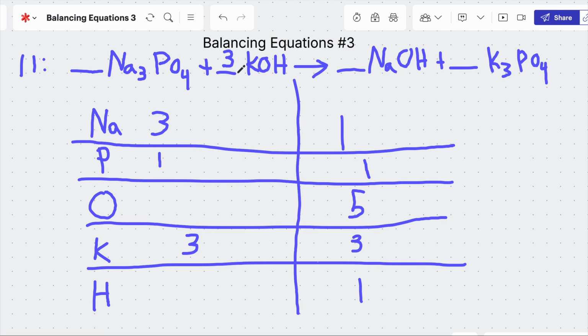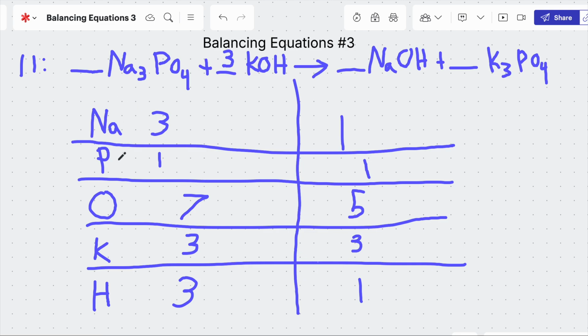For our O's, we have 3 times 1, that's 3 right there, plus our 4 right there. It's going to be 7. And our H's, 3 times 1, it's going to be 3. Awesome. So now our Na's don't match up, our O's don't match up, and our H's don't match up.